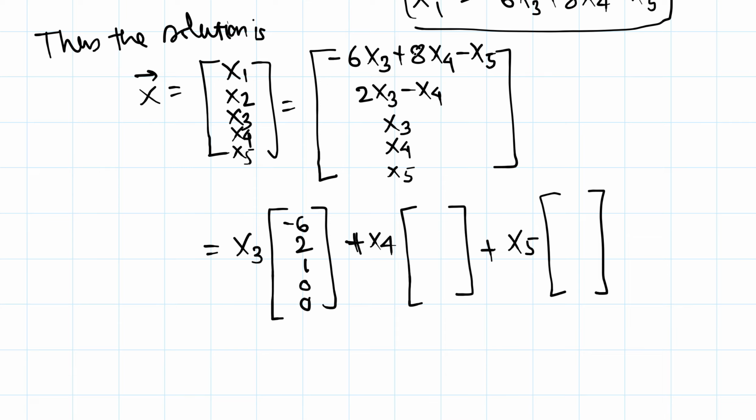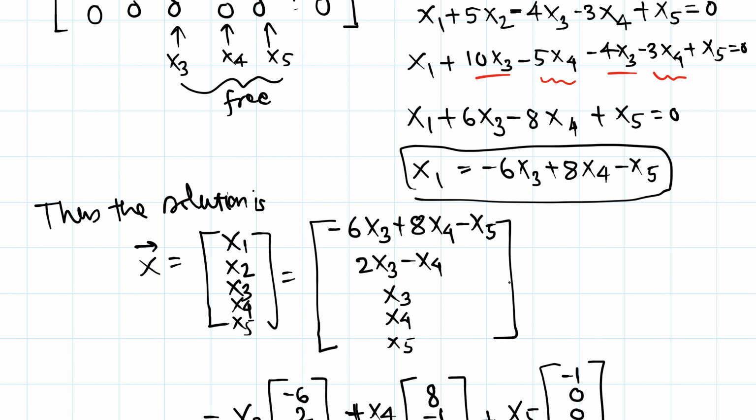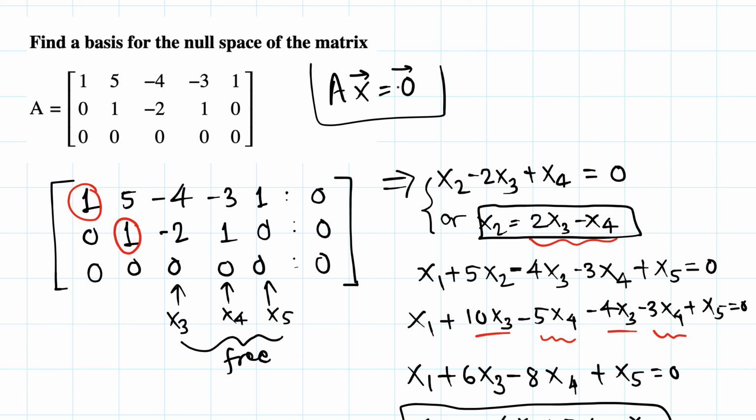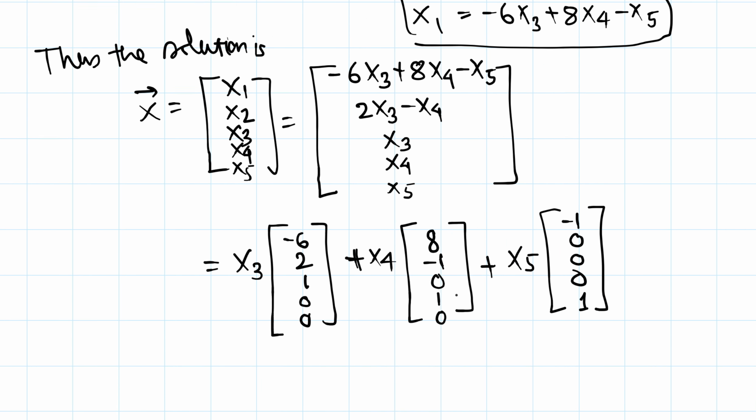For x4, 8x4, minus 1x4, none, x4 1, and none. For x5, this is negative 1 copy. There is no x5 in the second row, 0, none, none, and x5 is just 1 copy. This is the solution of the given equation Ax equals 0 in parametric vector form.